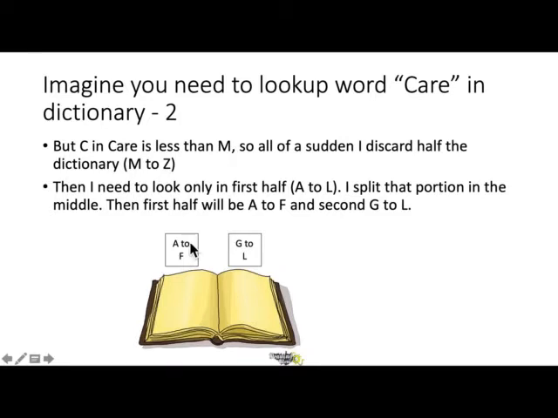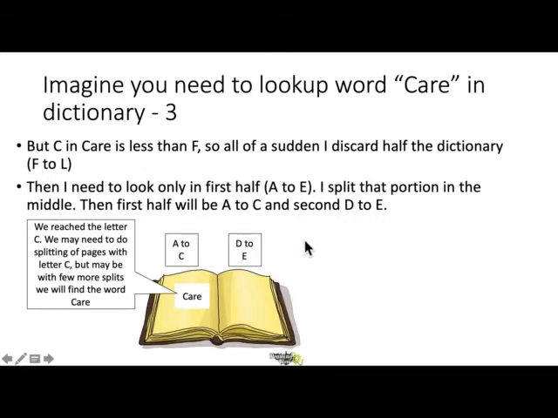And you can see that care started with C and it is less than F. So not only can I discard G to L, I can also discard F, and next time I'm going to be looking only in the portion of A to E, which I split in the middle: A to C and then D to E. So then I have landed in the portion that has the words with C. Now of course I'm not assuming that there will be just one page with words of C. There could be many.